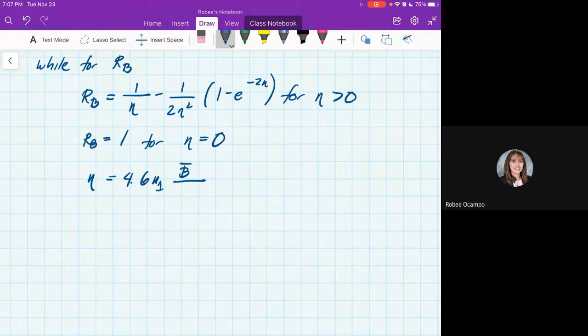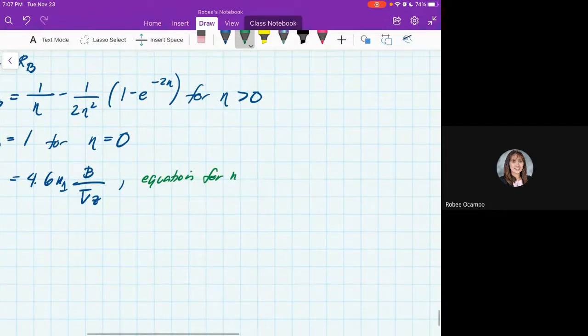Okay, so we're going to use the value of B over V bar sub Z. So this is the equation for nu for RB.